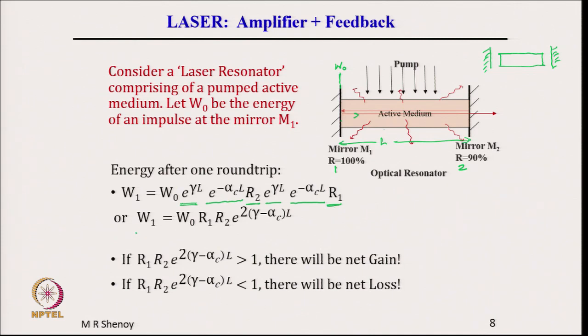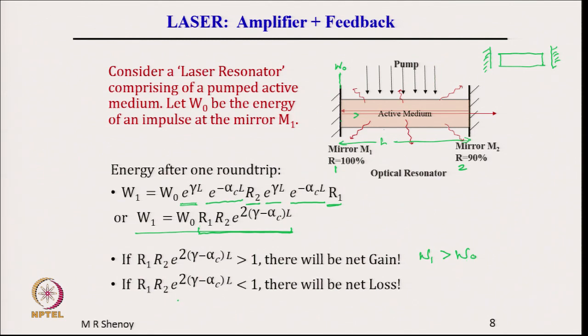Therefore, W1 is equal to W0 into R1 R2 into e to the power 2 into (gamma minus alpha c) into L. If this factor R1 R2 e to the power of 2 (gamma minus alpha c) L is greater than 1, then there is net gain, W1 will be greater than W0.